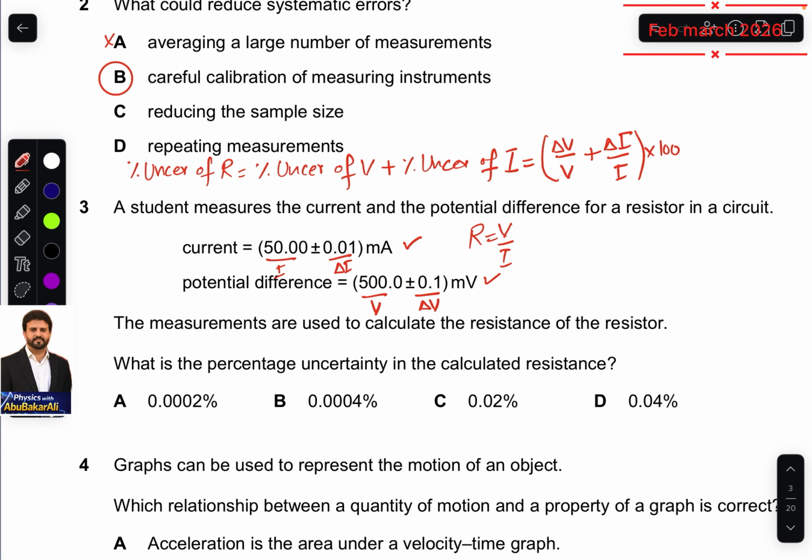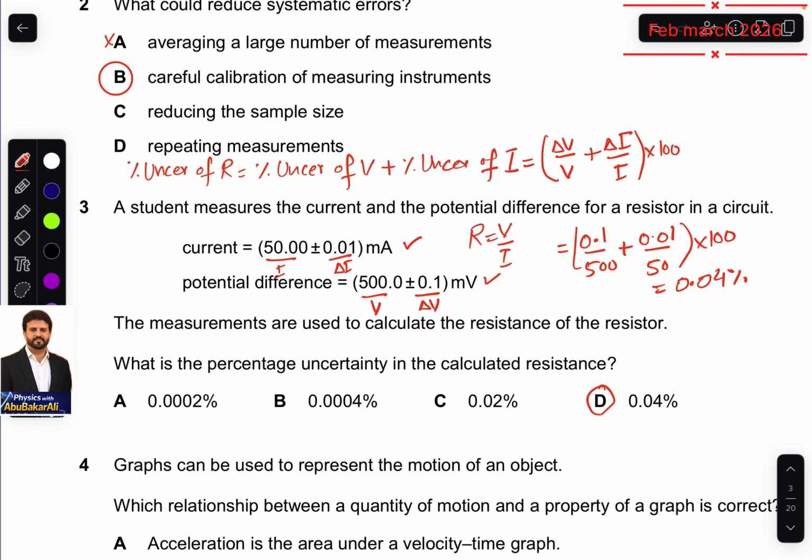Now you just have to put in the values: 0.1 divided by 500 plus 0.01 divided by 50, multiplied with 100, and you get the answer, 0.04%.